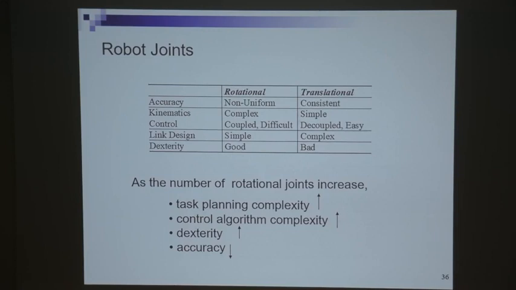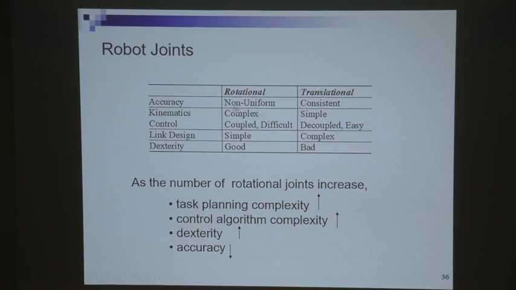Now we look at the joint. For robotic joints, there are essentially two types: the rotational joint and the translational joint. These are the general characteristics of a rotational joint, and these are the general characteristics of a translational joint. For accuracy, the rotational joint will be non-uniform, while the translational joint will be more consistent.